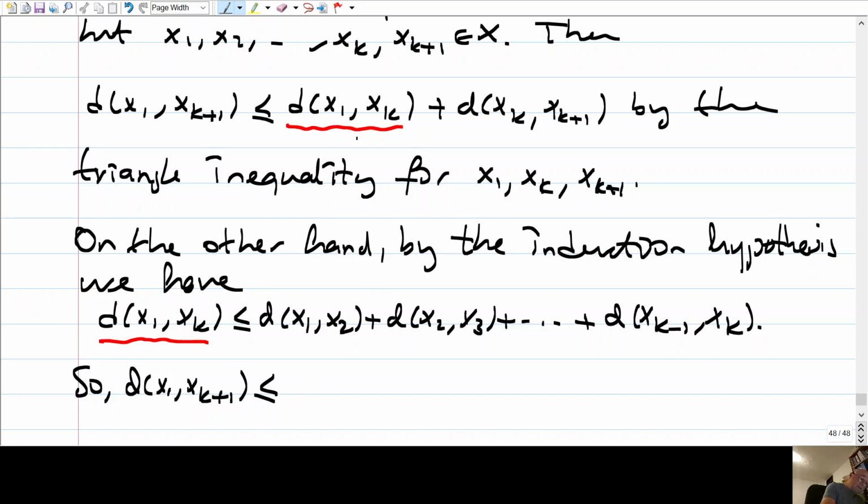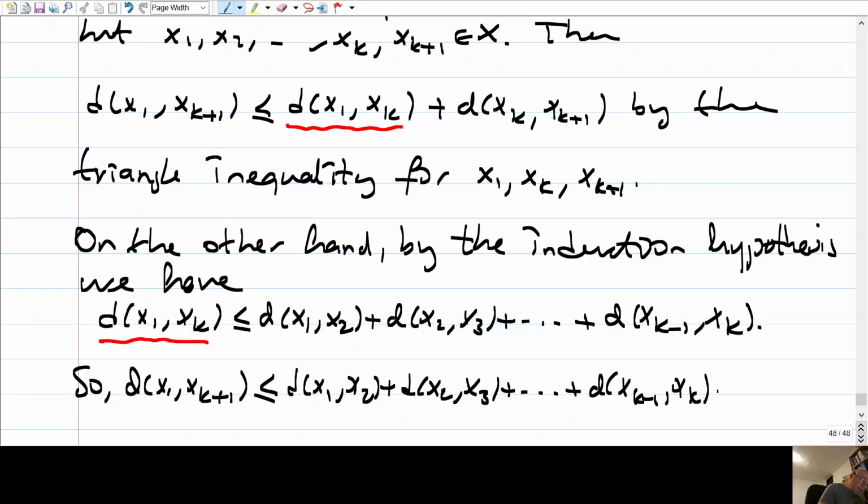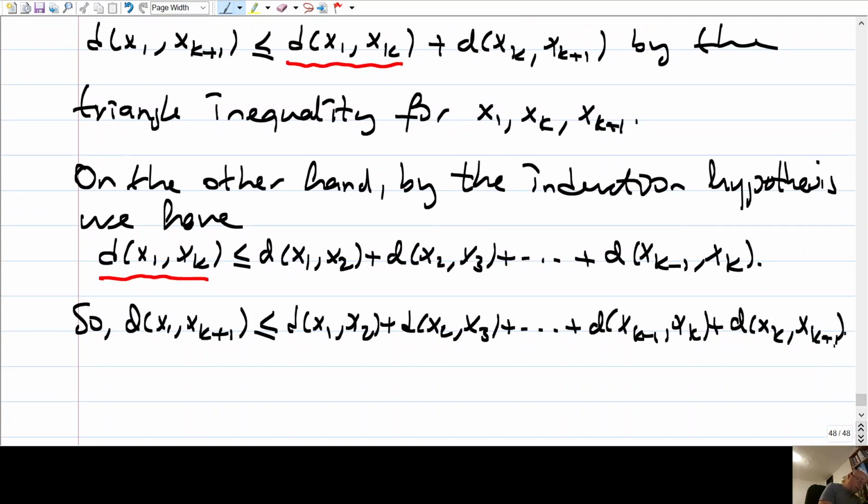Instead of this one, I am writing d(x1, x2), d(x2, x3), up to d(xk minus 1, xk). And finally, I have this term d(xk, xk plus 1). And this is what we wanted to prove, right? Hence, we are done.